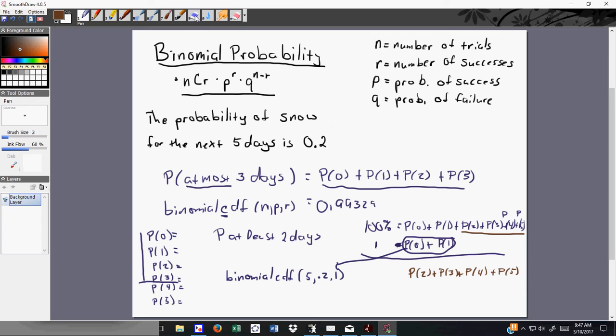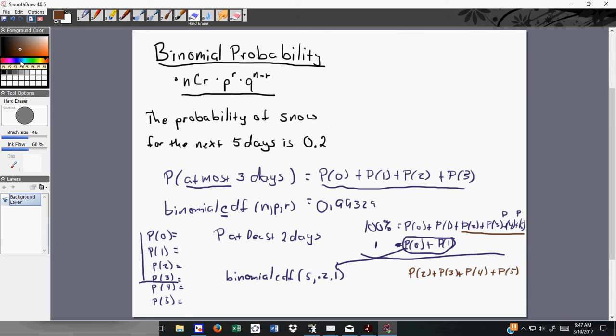So let's check it out. Let's see what happens here. So I'm going to say 1 minus binomial CDF of n. Now I have 5 days. The probability that it's going to snow is 0.2. And my r, it says at least 2. But really, I don't want to get rid of the 2. I want to just get rid of the 0 and the 1. So I'm going to use 1.